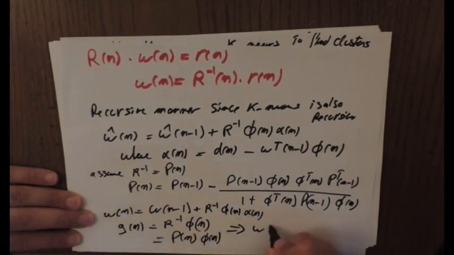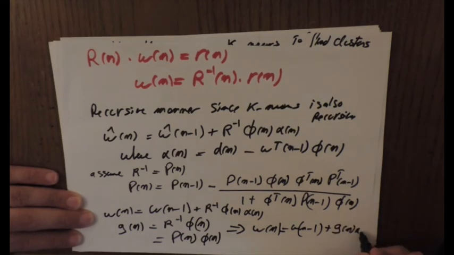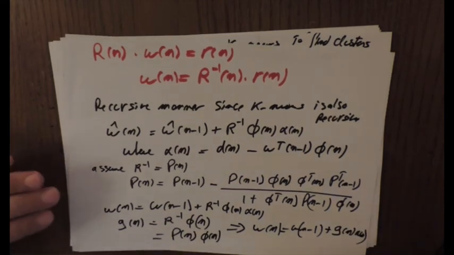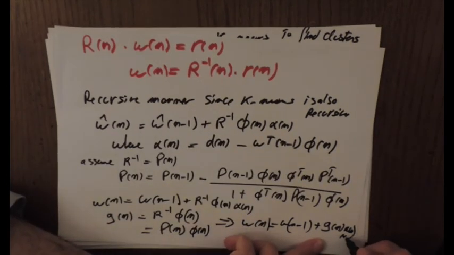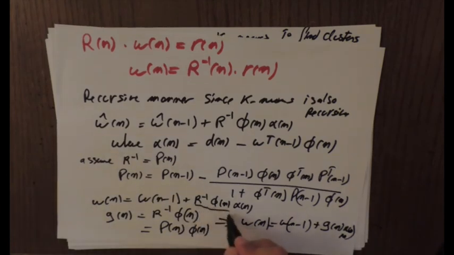This implies W of n is equal to W of n minus 1, just to make the formula a bit smaller, plus G of n alpha of n. Okay, so I just placed G of n instead of this formula. So to recap, first we have the points, then we find the means, and then we go with the RLS algorithm to do the weight update.